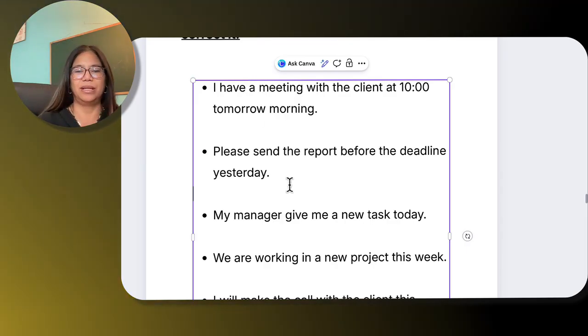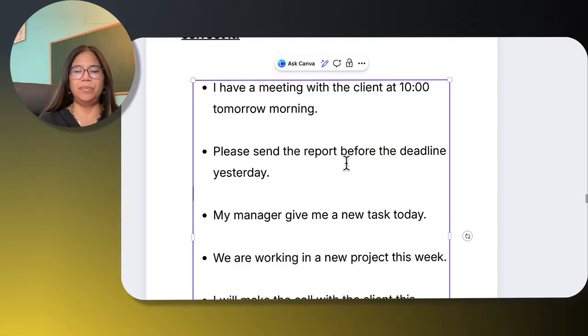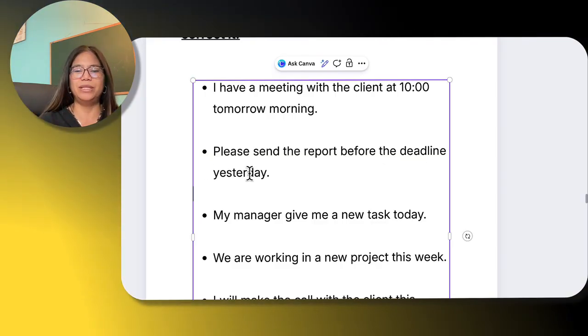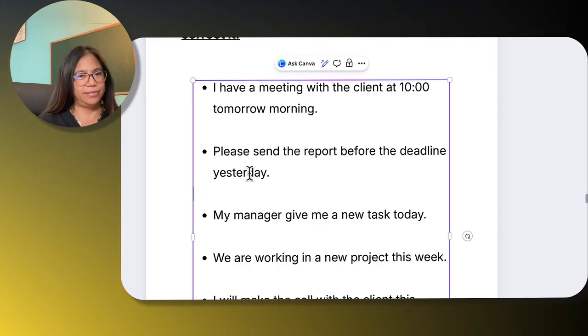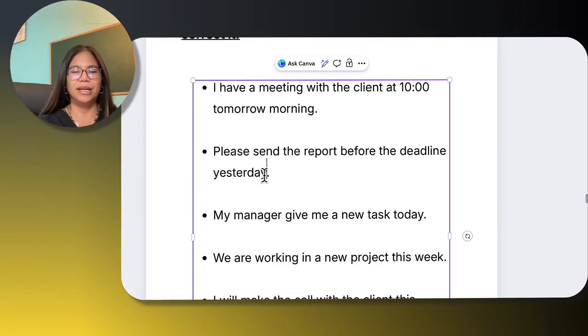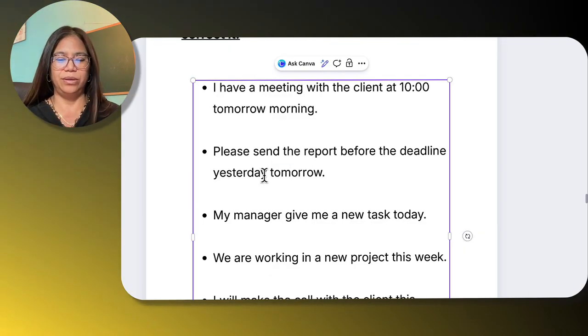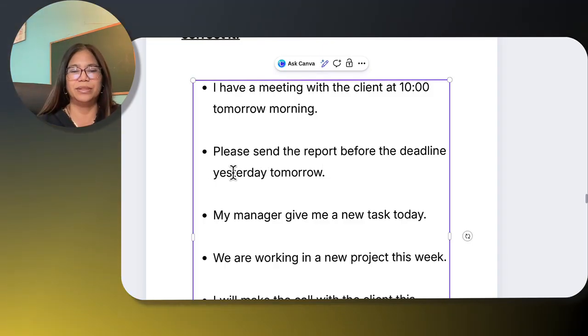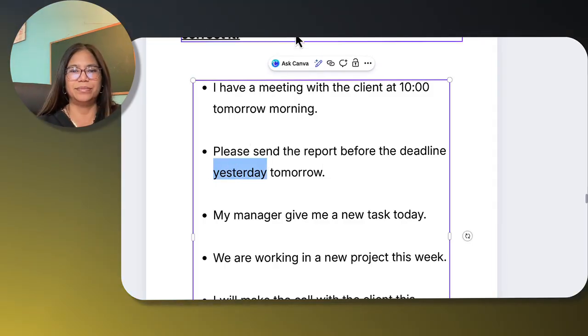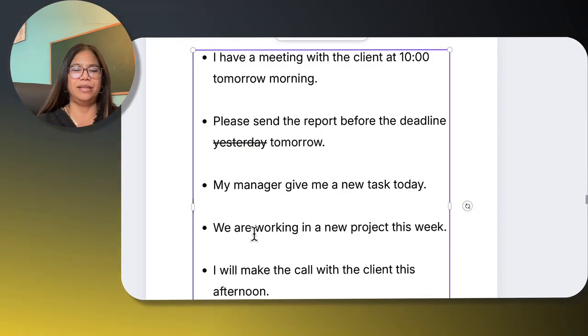Meeting with the client. Here it says, please send the report before the deadline yesterday. Yesterday should be, instead of that, should be tomorrow, huh? Tomorrow. Not this one. Not that one. Okay, the next one.